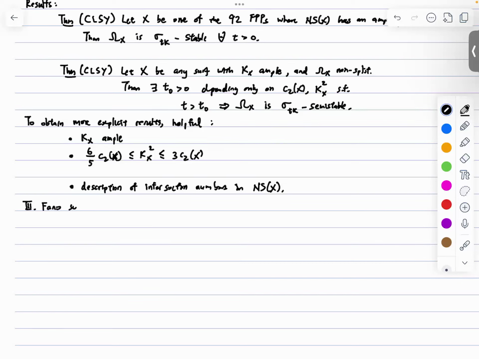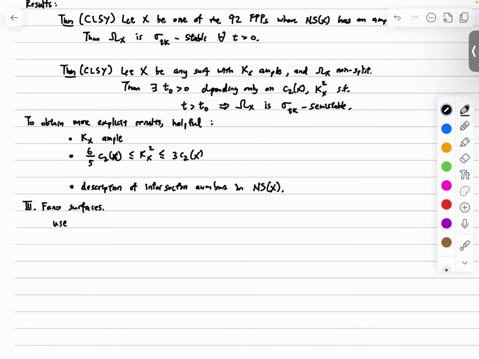For Fano surfaces, the main difference is that we can no longer use multiples of the canonical class as our ample class in defining Bridgeland stability. So we have to use a scalar multiple of the anti-canonical class.